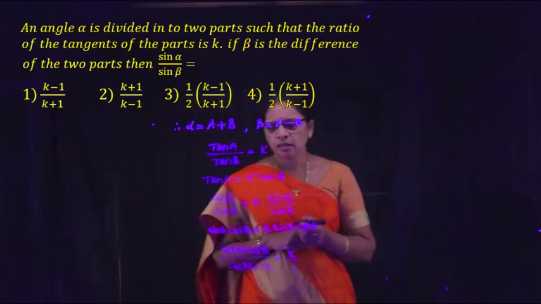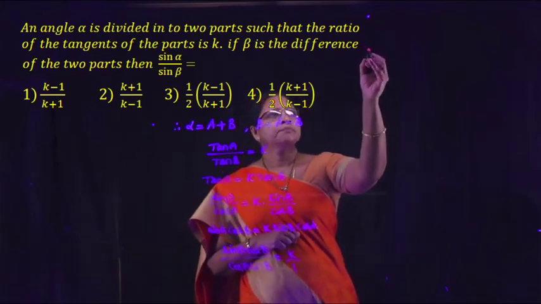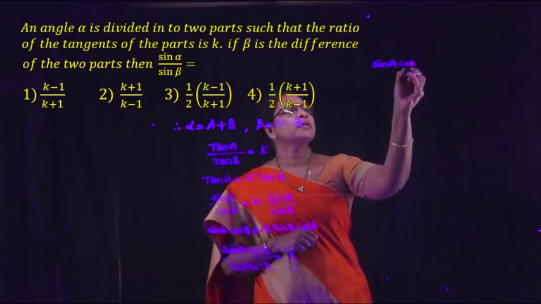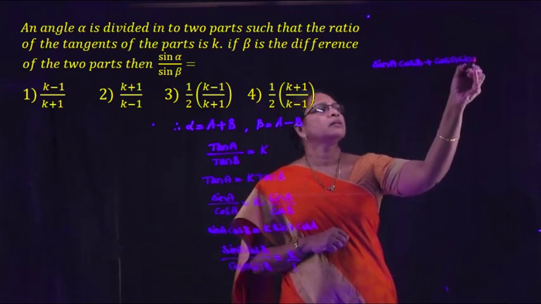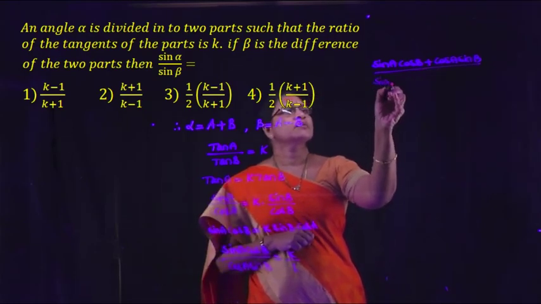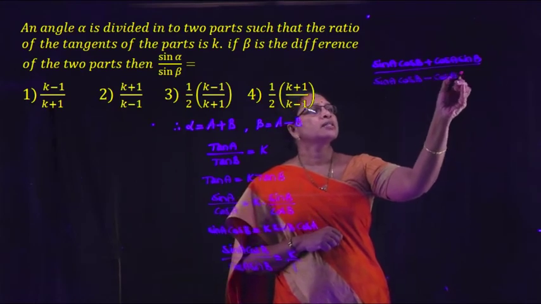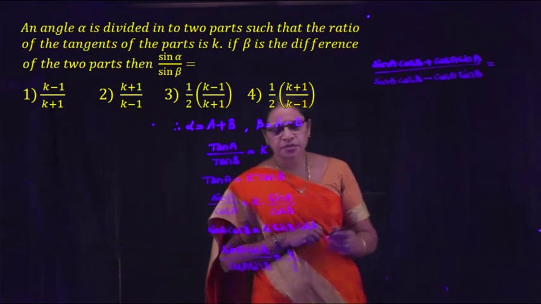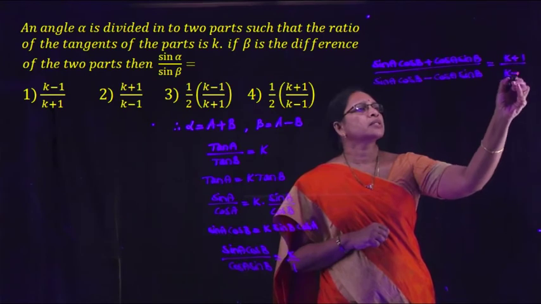Then applying the rule, we get (sin A cos B plus cos A sin B) divided by (sin A cos B minus cos A sin B) is equal to, here the RHS is, K plus 1 by K minus 1.